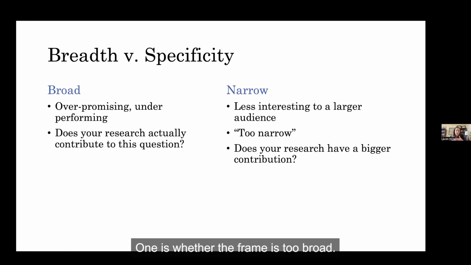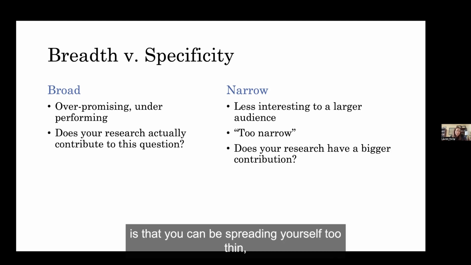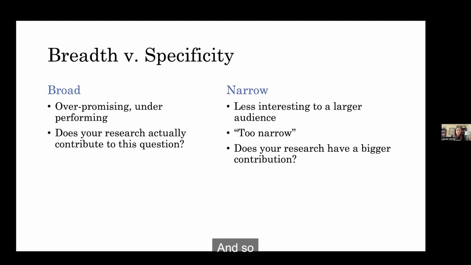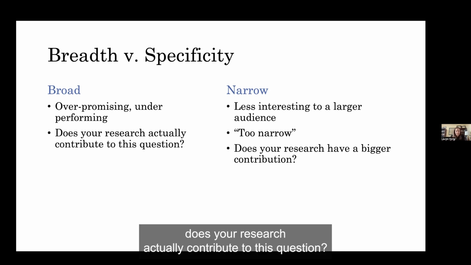One is whether the frame is too broad. And so the problem with the frame being too broad is that you can be spreading yourself too thin, suggesting that you are able to answer questions that you can't answer. And so if you have an extremely broad frame, you might be seen to be overpromising but underperforming. And you have to think through, does your research actually contribute to this question?